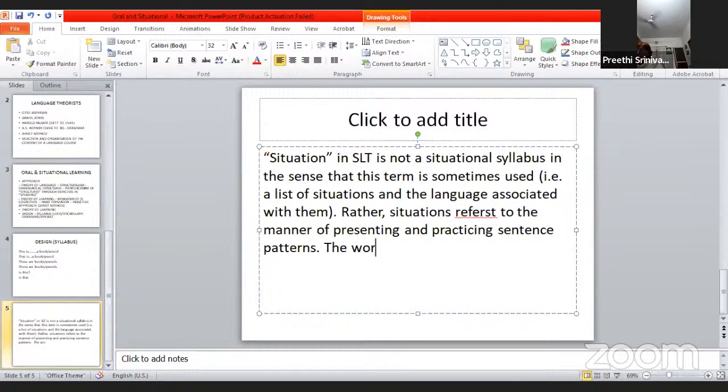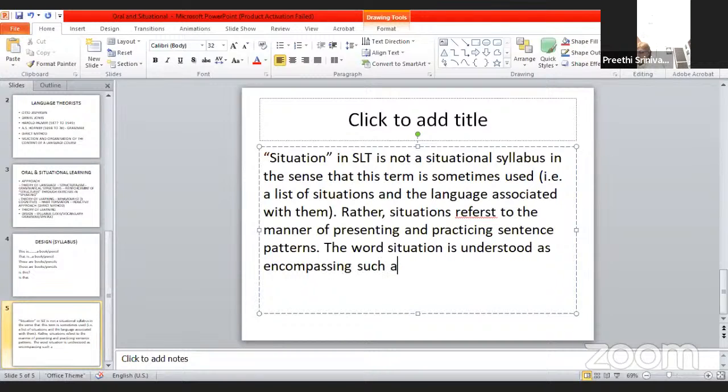The word situation is understood as encompassing such areas as pictures or realia. What do you mean by realia in the classroom?